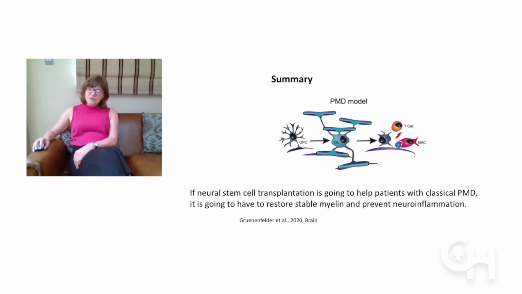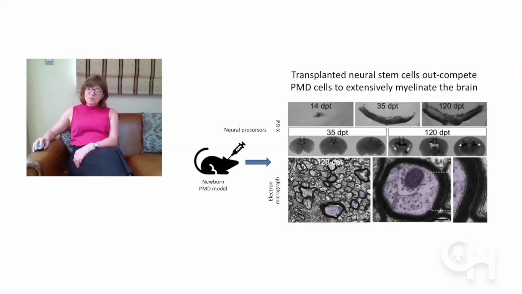So, if neural stem cell transplantation is going to help patients with classical Pelizaeus-Merzbacher disease, it is going to have to restore stable myelin and to prevent neuroinflammation. To test if neural stem cell transplantation might represent an appropriate therapeutic approach, we took neural precursor cells and injected them into our newborn PMD mouse model.